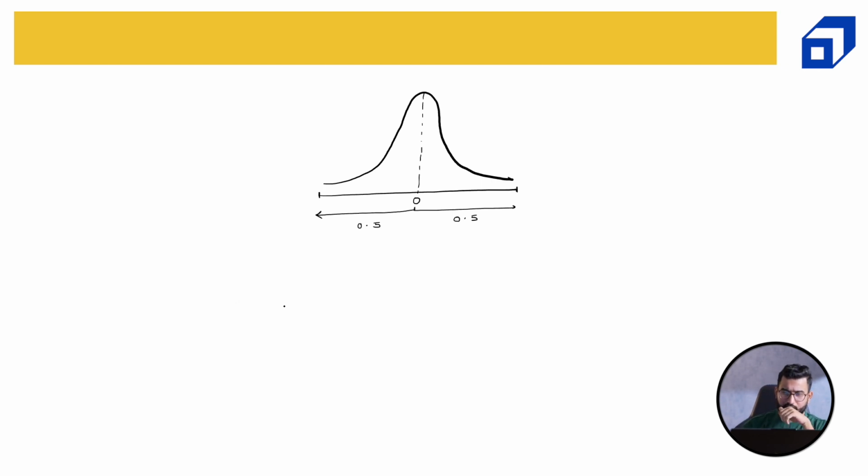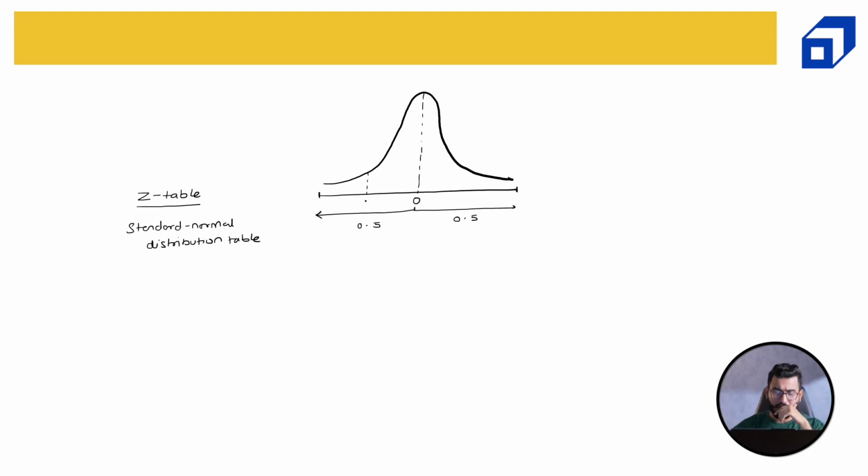In order to find the probability at any point from the left, we have something known as a z-table. A z-table is basically a standard normal distribution table, which helps us find the cumulative probability from the lower end up to this point.